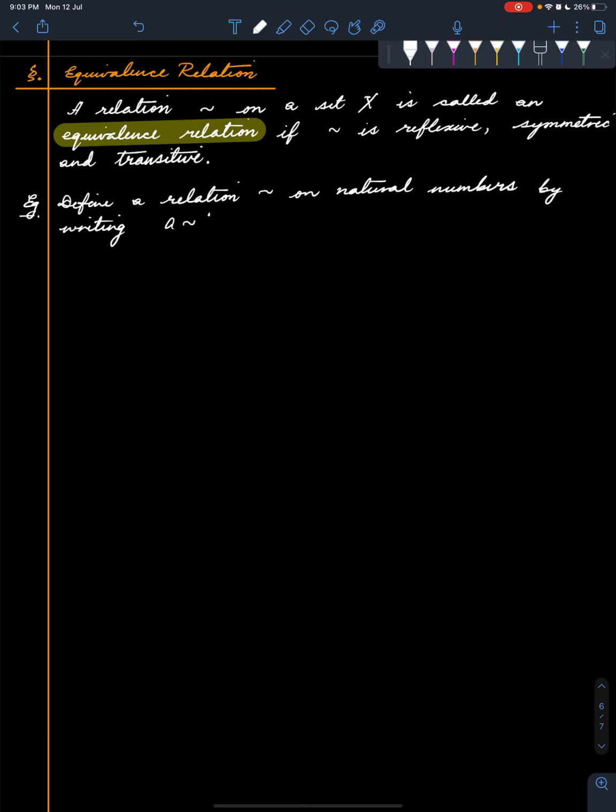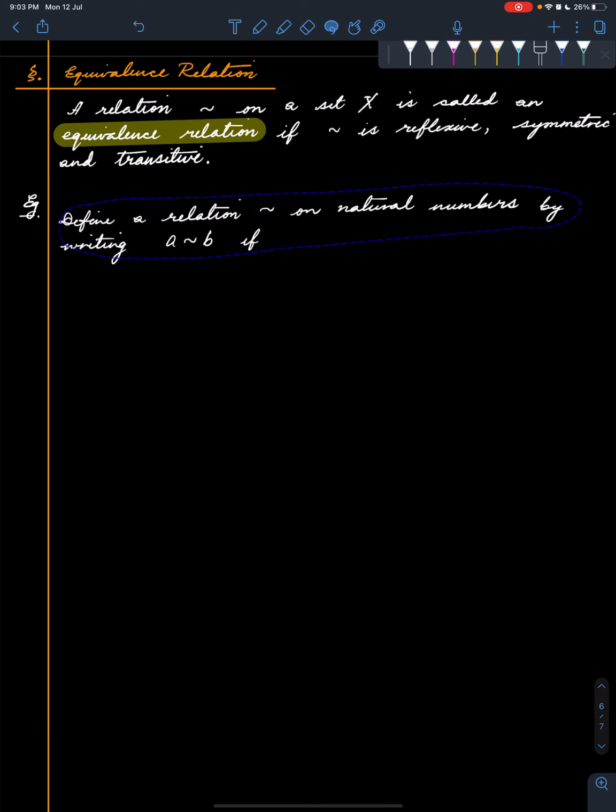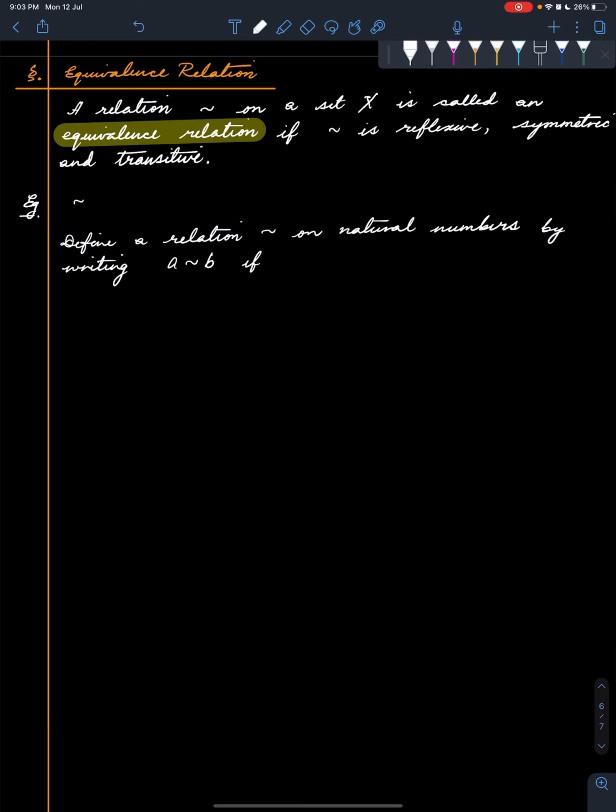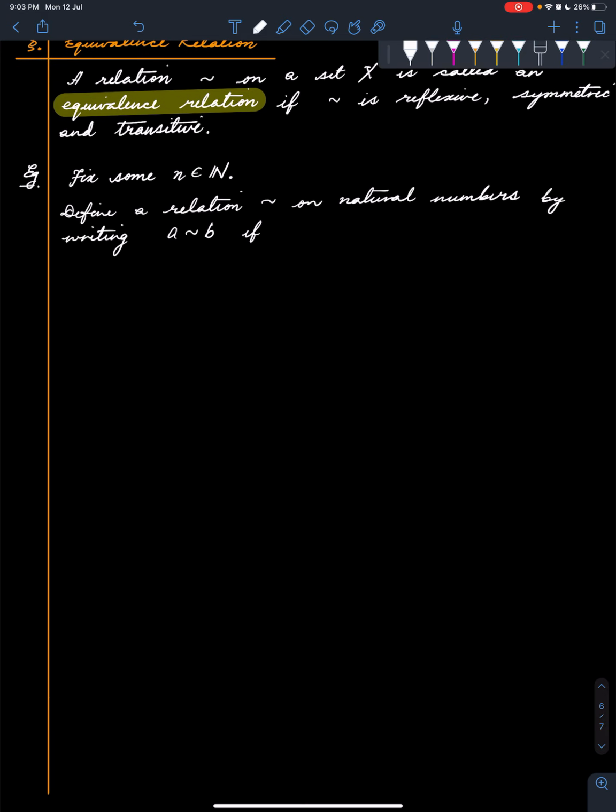A tilde B if, okay, before I get there I should have said, fix some natural number n, and now once you fixed that, we are defining a relation.